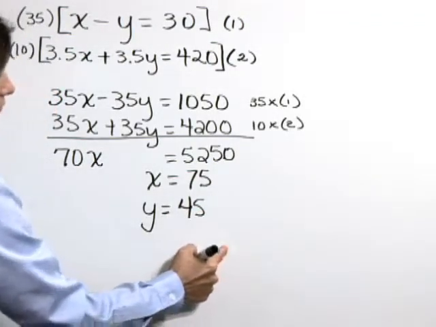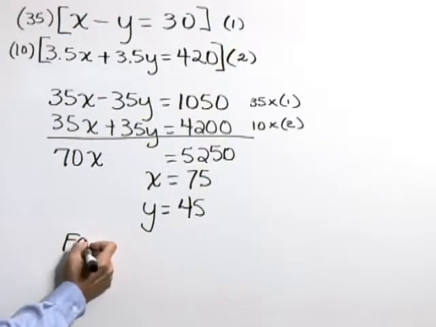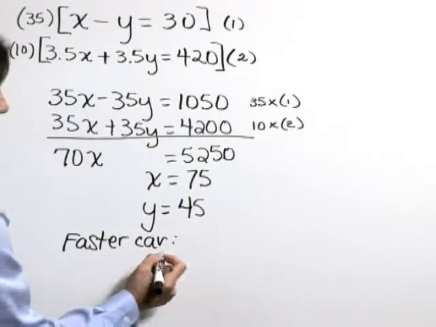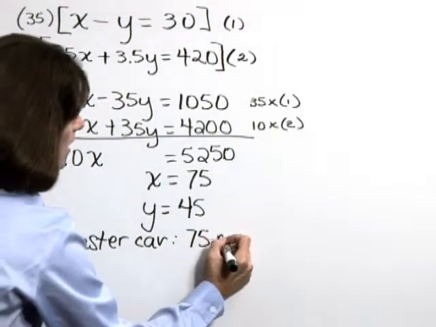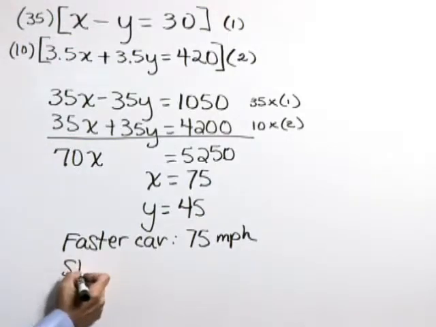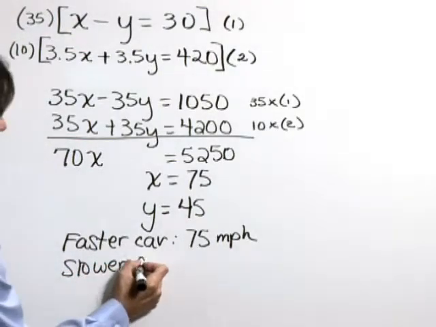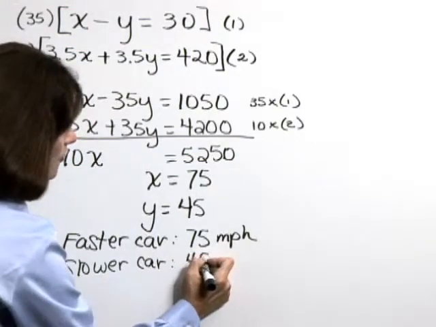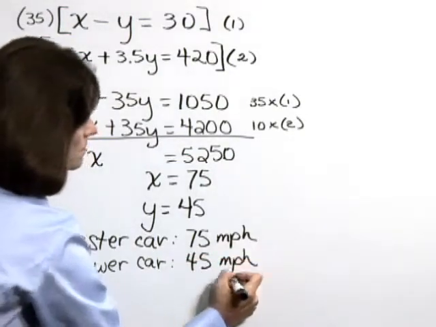Let's state our answer very clearly. The faster car travels at a rate of 75 miles per hour. The slower car travels at a rate or speed of 45 miles per hour.